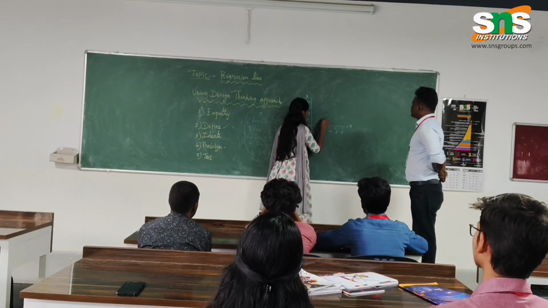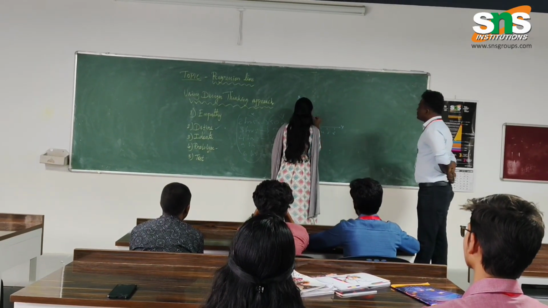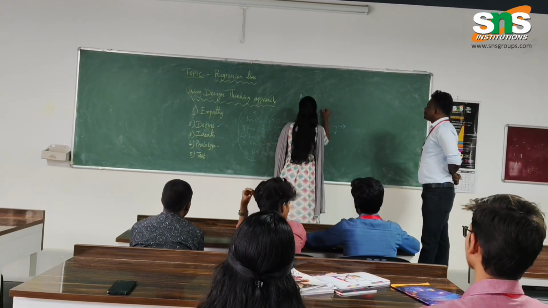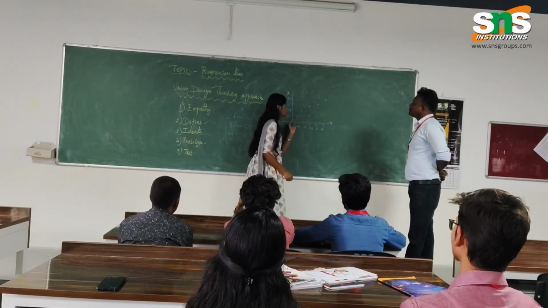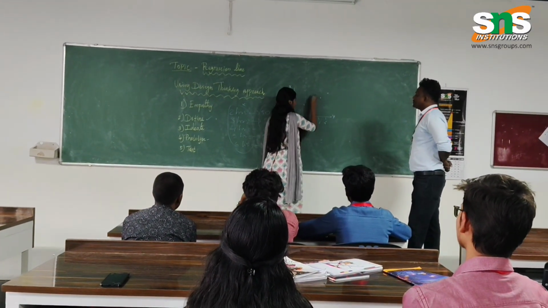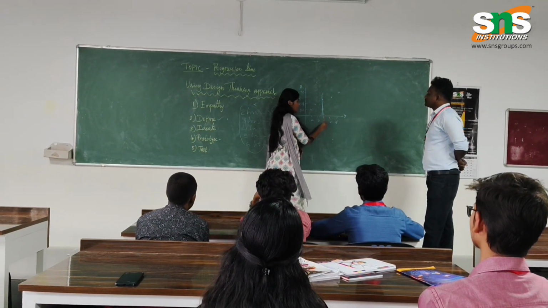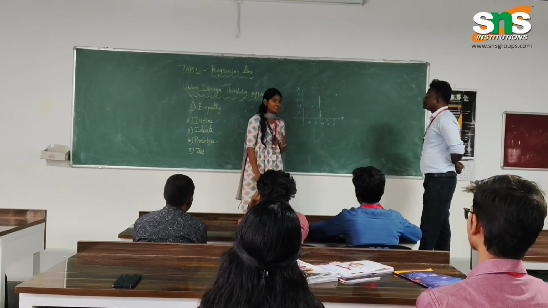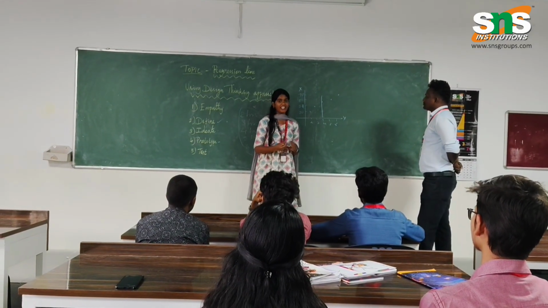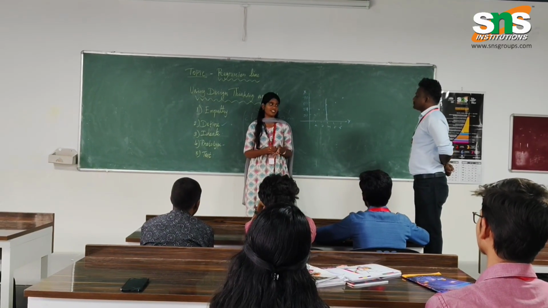First, let's plot the points. Now let's draw the straight line. From this we can tell that someone who studies 4 hours scores approximately 60 to 65 marks. From this we can tell regression lines help us to predict values, how much they can score.